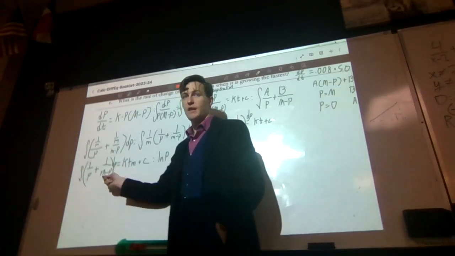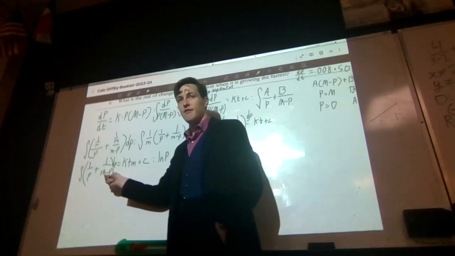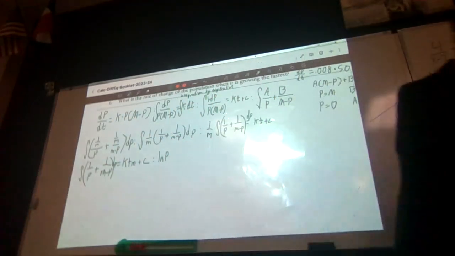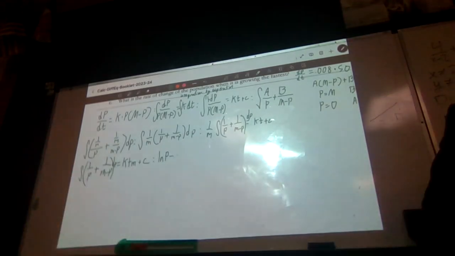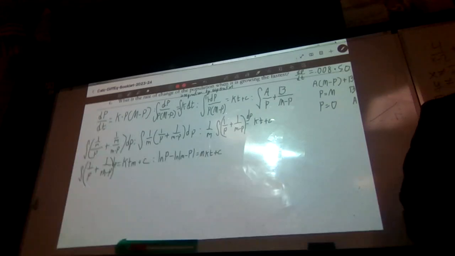When you take the derivative of m minus p, the m disappears, and negative p becomes negative 1. So we get ln of p minus the ln of m minus p is equal to mkt plus c.